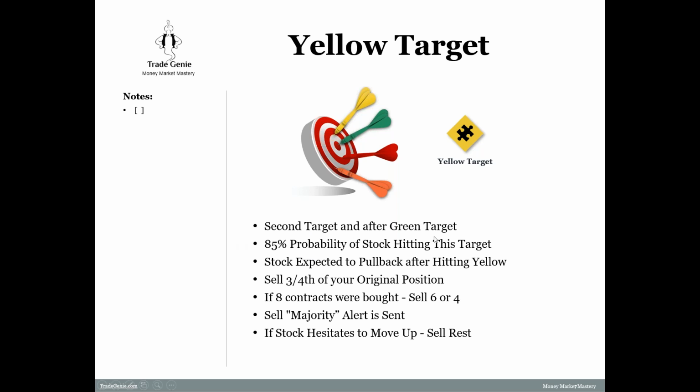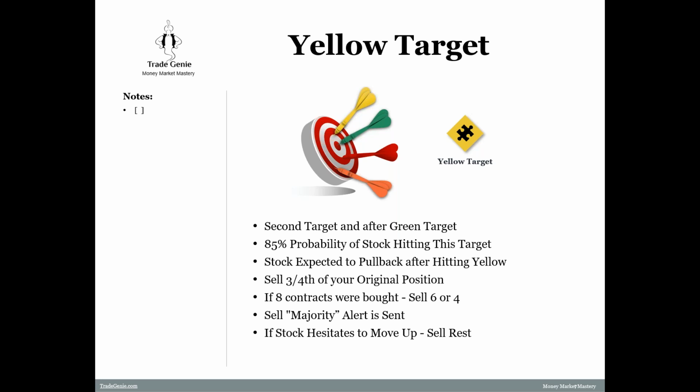The second target, beyond the green target, has a lower probability than green because now the distance is far from the current price. There are many factors. It takes time. Even going from one city to another city, there are a lot of hoops you have to cross. It just doesn't go straight.